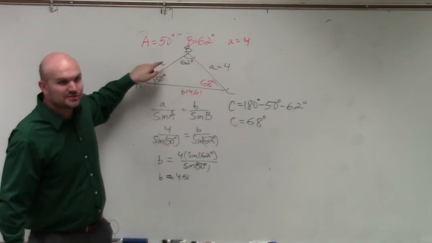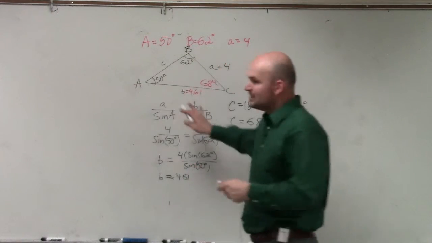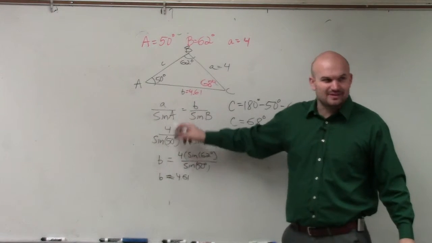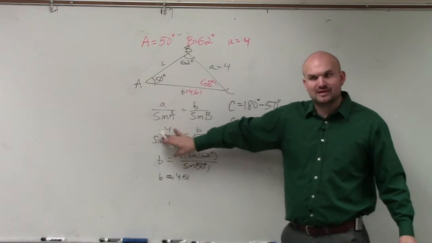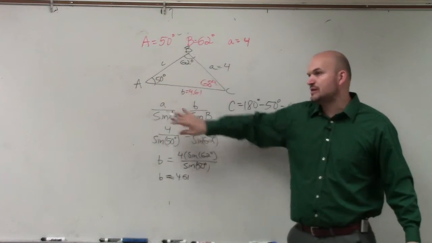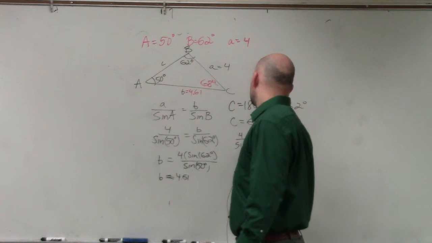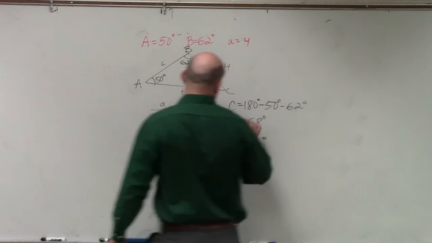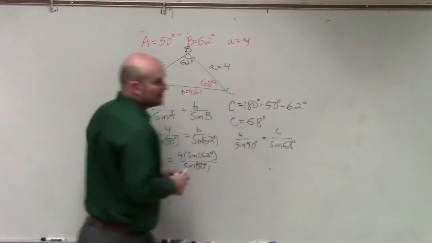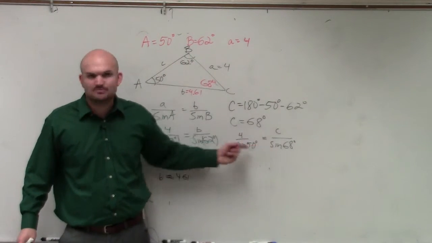Now, can I use a relationship to solve for c? Of course you can. To determine which ratio to use, since I was given the ratio of a, I would prefer that you use this ratio, just in case you did something wrong when solving for b. So I'll rewrite that ratio, and that's going to equal c over the sine of 68 degrees. I'm not writing a over sine of A equals c over sine of C, I just plugged all the information in.